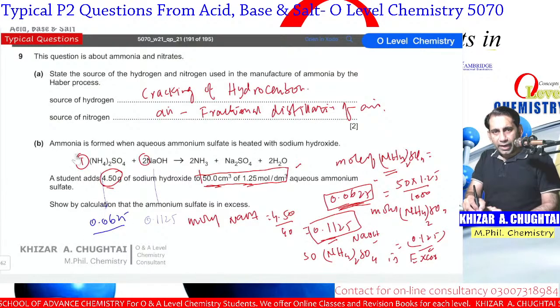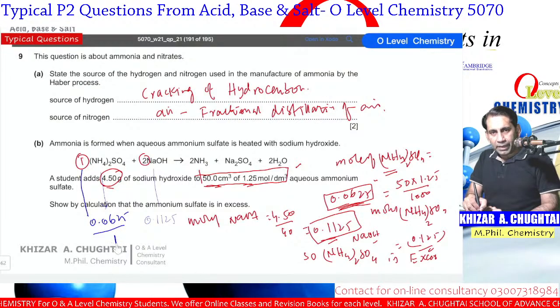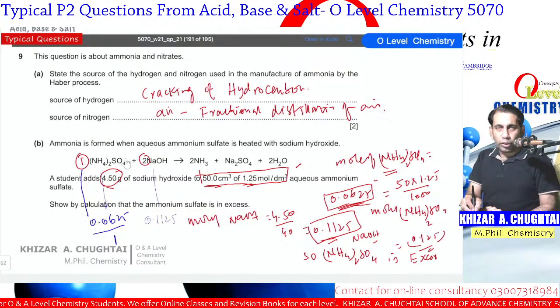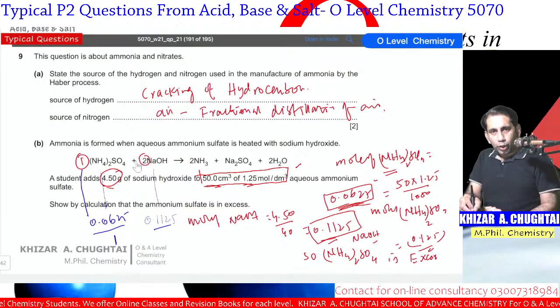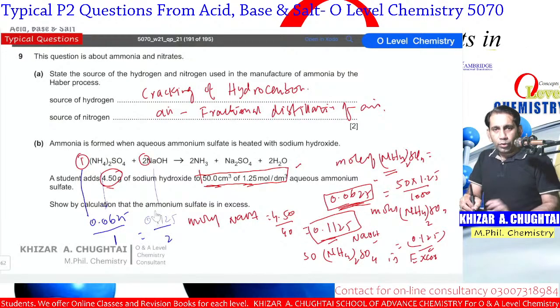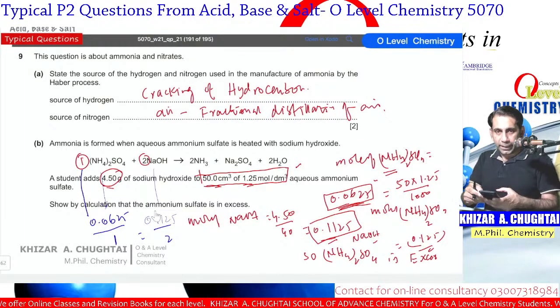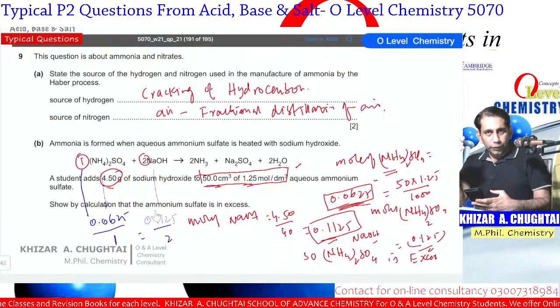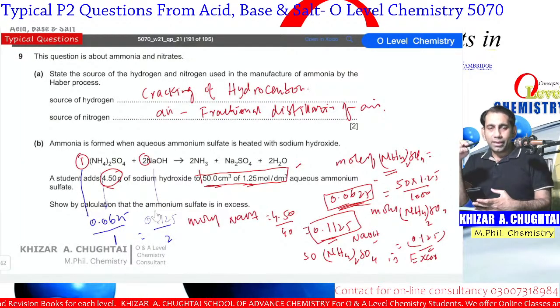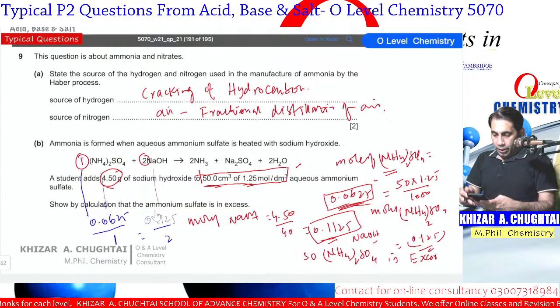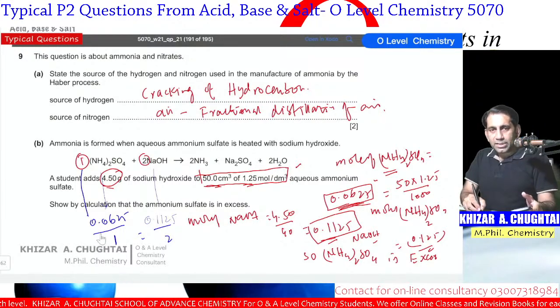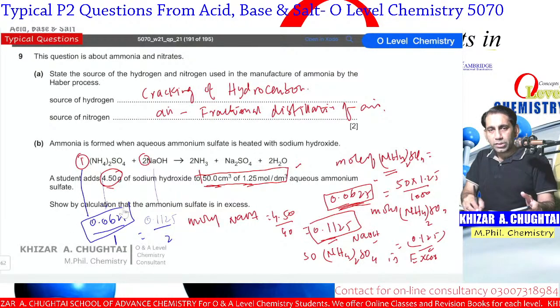So I'm going to divide the number of moles by the original moles from the balanced chemical equation. I'm dividing by 1 for the moles of ammonium sulfate, and dividing by 2 for the moles of sodium hydroxide. So find the number of moles first, then divide by the moles from the balanced chemical equation. Now let's see, it's having the same answer, 0.0625.